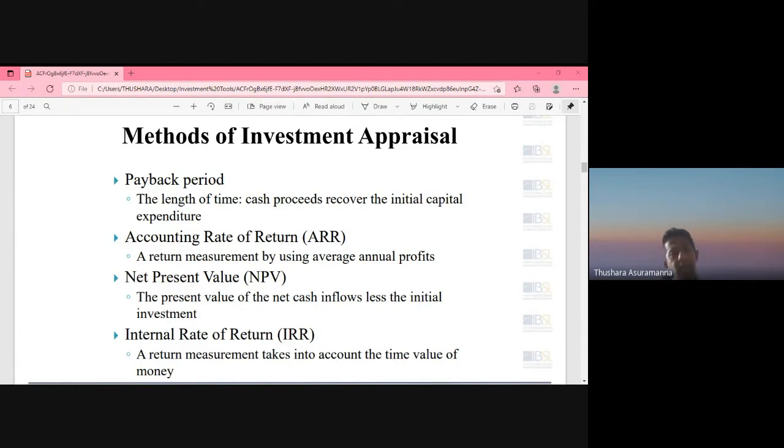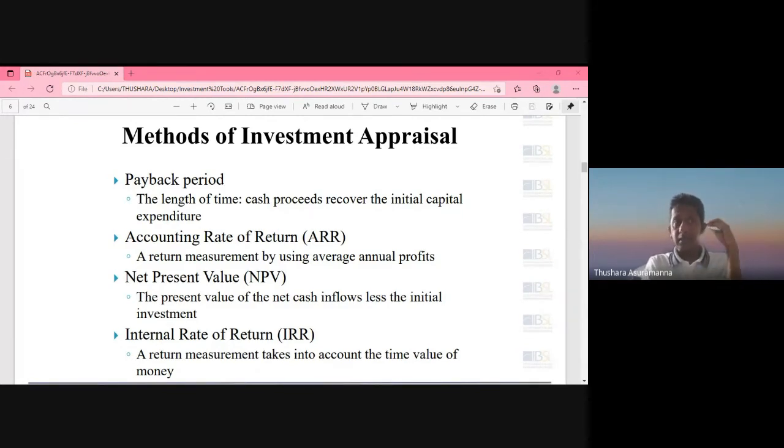Okay. Then accounting rate of return. Accounting rate of return is something where return is measured in profit. Payback is totally about cash flow. You invested some money, you get the money back in terms of cash flow.